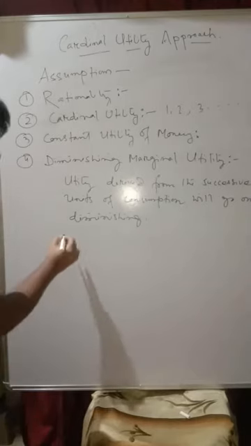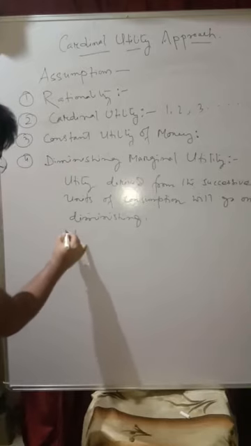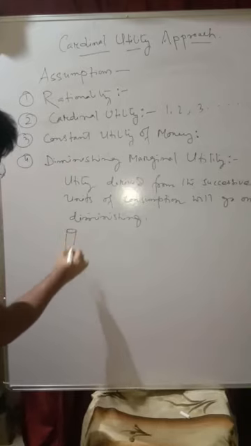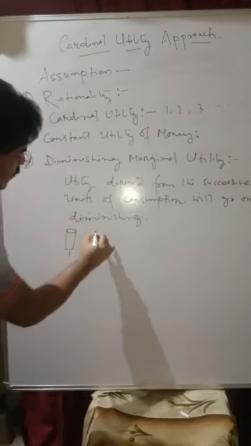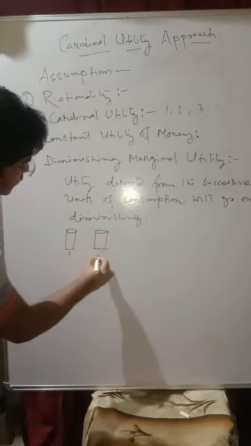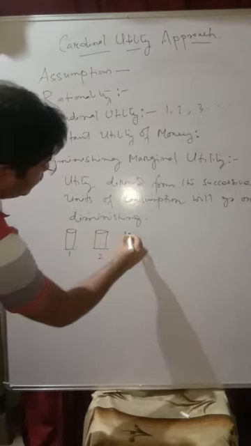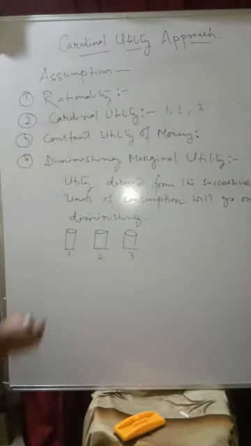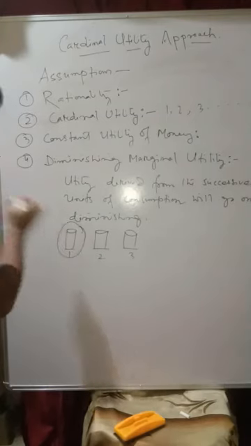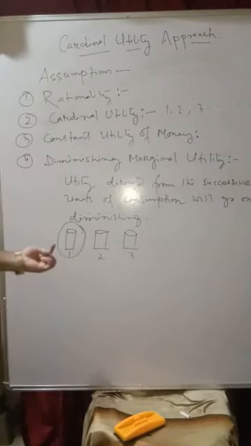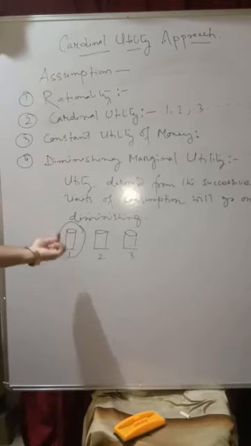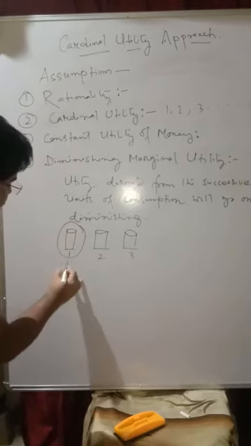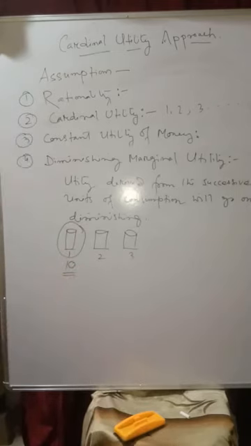What does it mean? Suppose this is the first glass of water, this is the second glass of water, this is the third glass of water. The person who is feeling thirsty consumes the first glass of water, and his level of satisfaction is suppose 10.